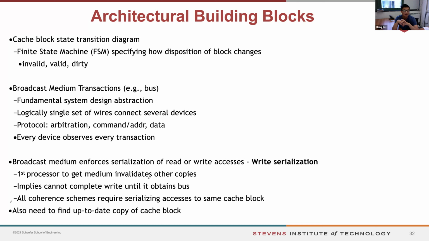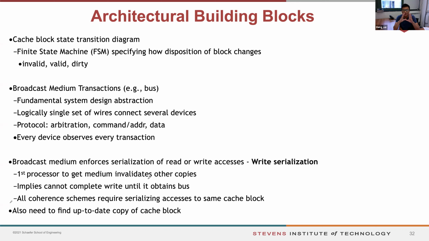The broadcast medium enforces serialization of read or write accesses, write serialization. The first processor to get the media invalidates others' copies. This implies a processor cannot complete a write until it obtains the bus. All coherence schemes require serialized access to the same cache block, right? So for the same cache block, what matters is who gets the bus first.